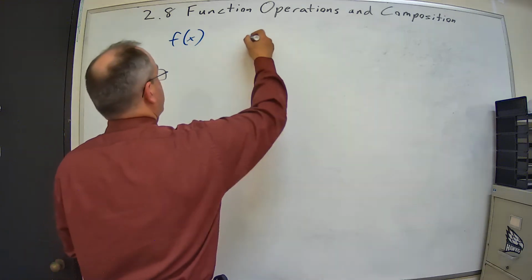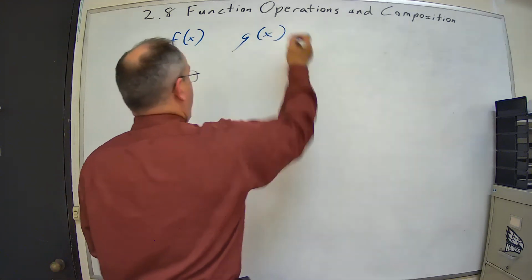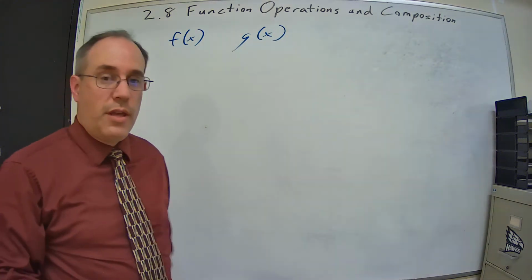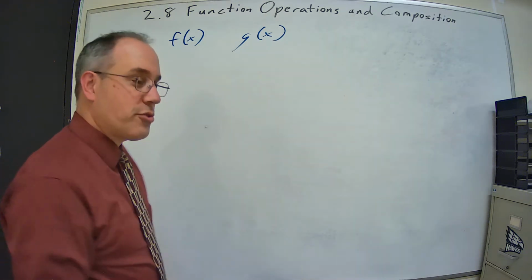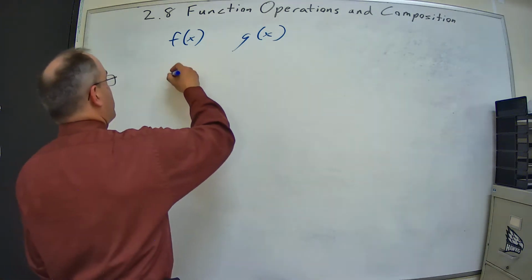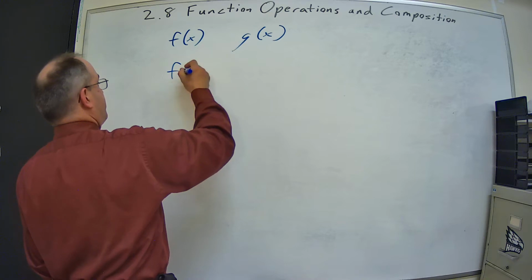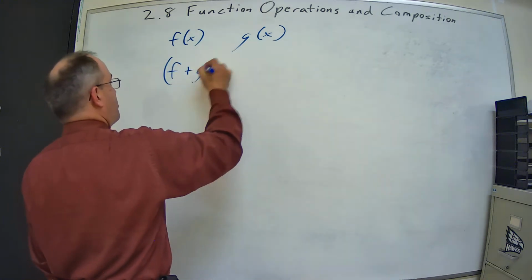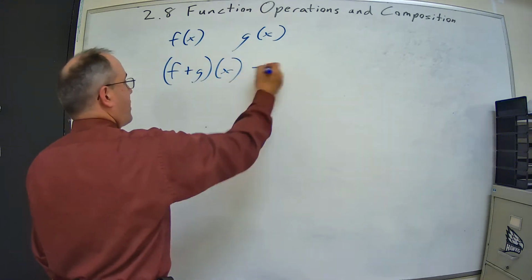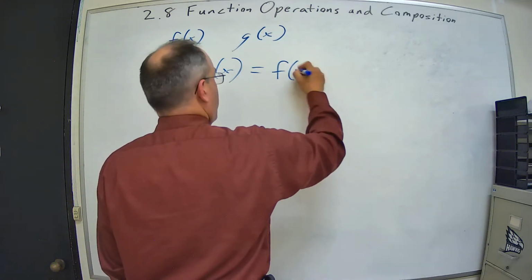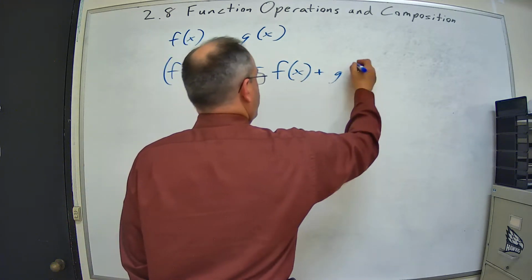f of x and g of x, then we can add those two functions together. So we say that f plus g of x is equal to f of x plus g of x.